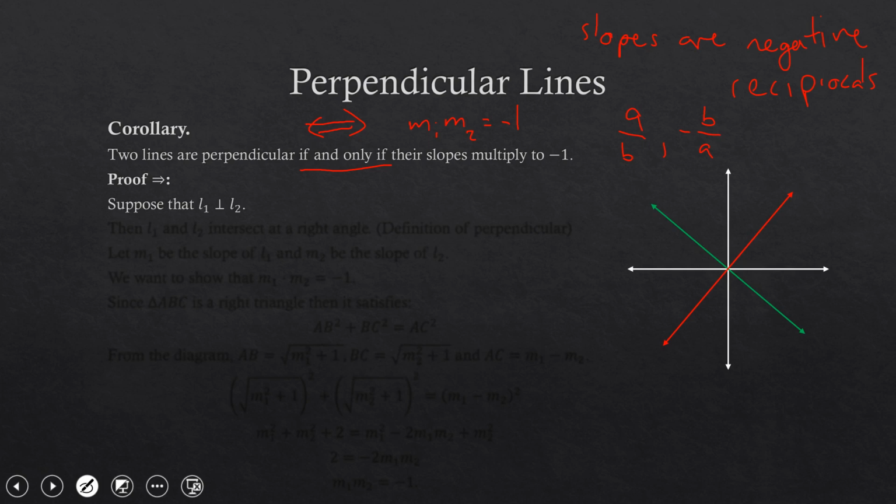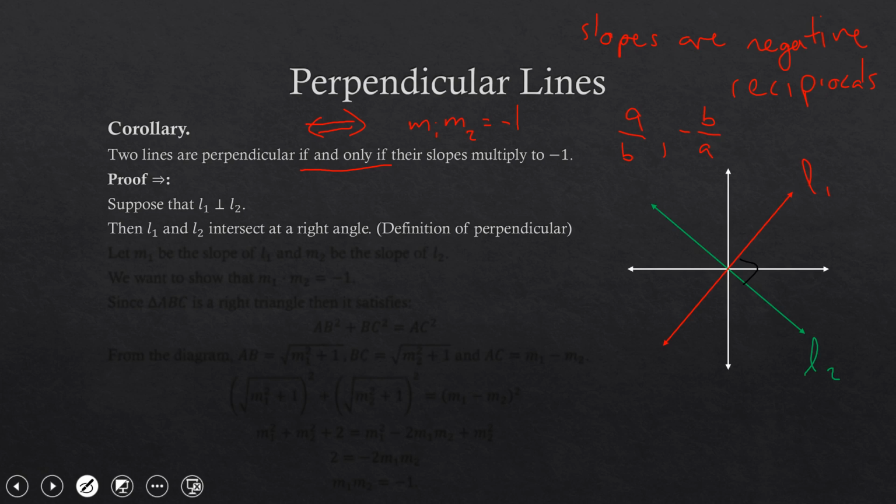Alright, so start off by assuming we've got two perpendicular lines. We're going to call this one L1 and the other guy L2. So we've got our perpendicular lines, meaning this is a 90-degree angle right here. It's a great little piece of a square.